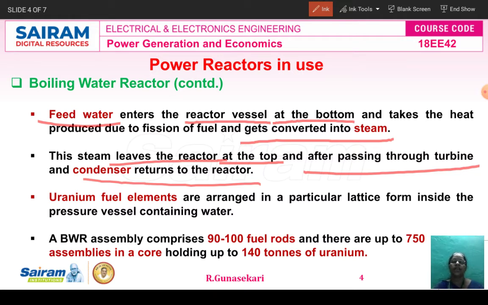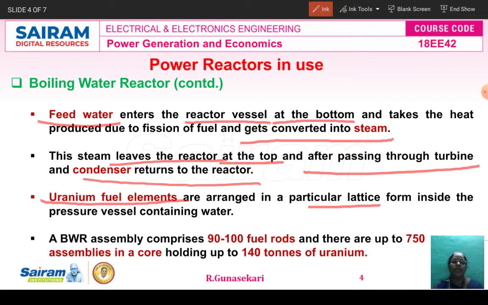That's why first I explain all the operation and components of the boiling water reactor, then we can see the diagram. The uranium fuel elements are arranged in a particular lattice. This is the arrangement of the fuel.